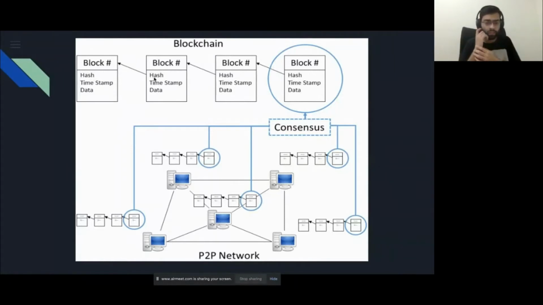Cryptographic hashes are one-way cryptographic functions which take any input and produce an output of fixed length. So that's what a hash function is. They have some properties which, for the sake of brevity, I'm not going to go into. And each block that you see here contains a set of transactions, right?